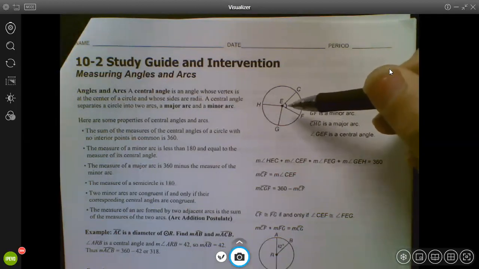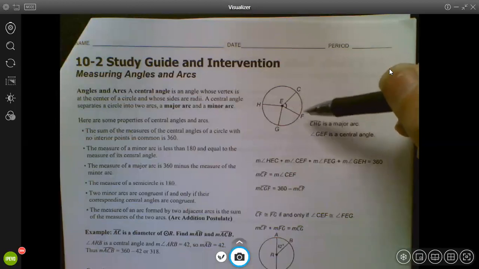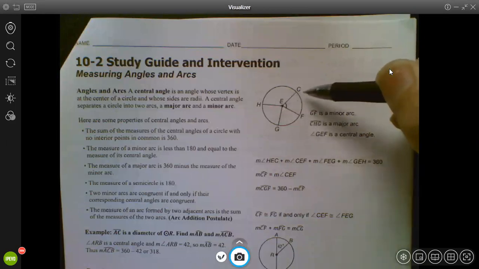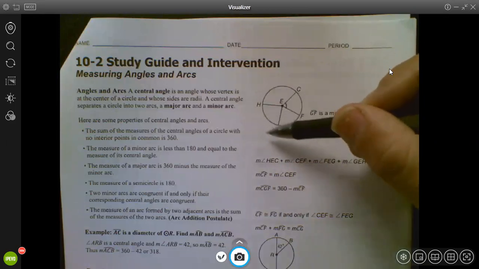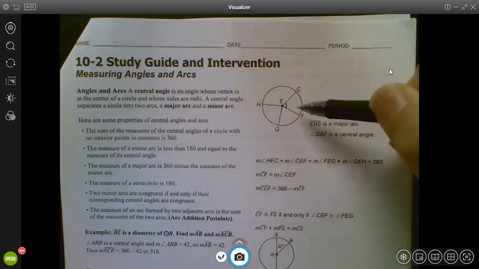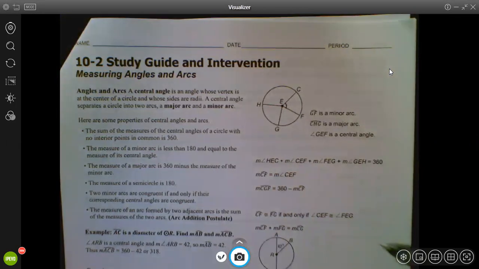So if that angle right there happened to be, let's just say 40 degrees, then arc CF would also be 40 degrees, right? So just like these central angles would always add up to 360 degrees, then the degrees of all these arcs would also add up to 360 degrees. Right, and so one of the main things we're looking at today is that the measure of a central angle is equal to the measure of its intercepted arc, like arc CF.